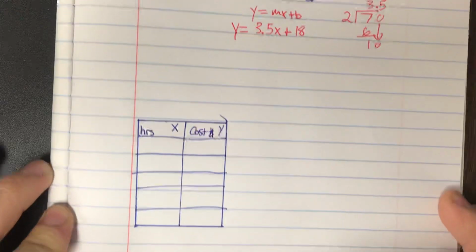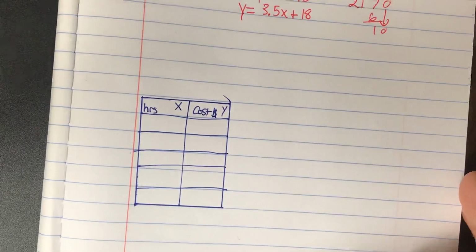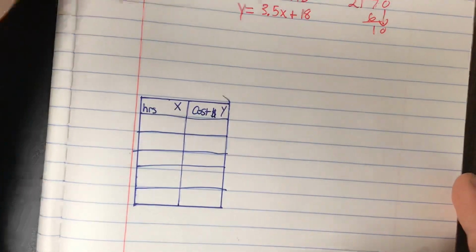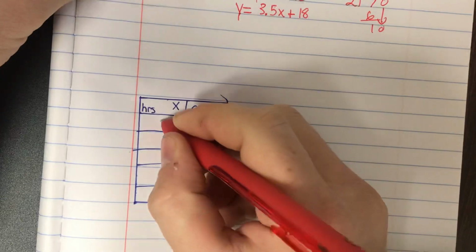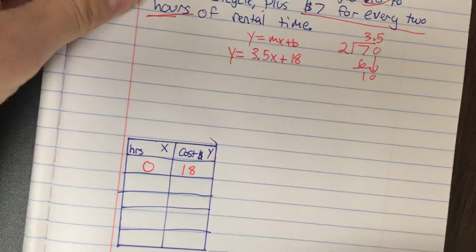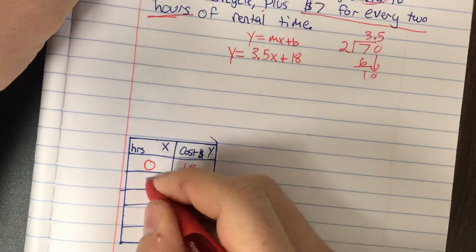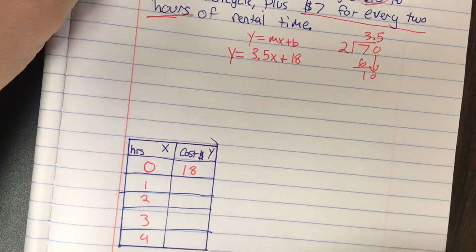Now let's talk about a table here. So we have hours as our x and the cost as our y, right? If we rented it for 0 hours, we talked about this, it would be $18, correct? Now we have to plug in these x values into the equation to figure out what it is.